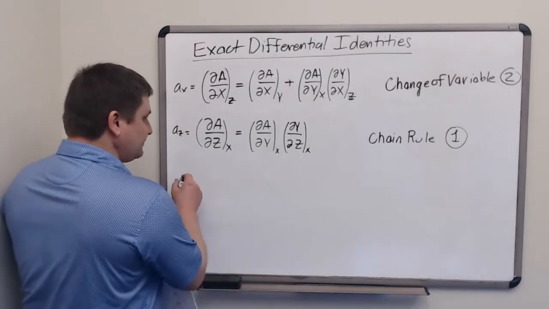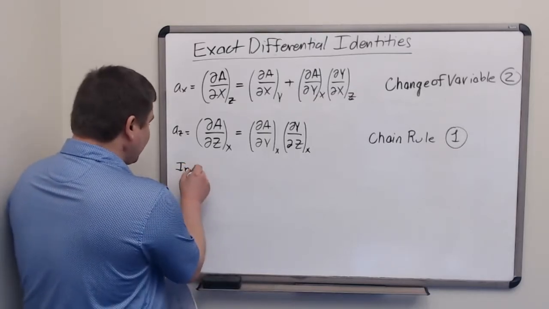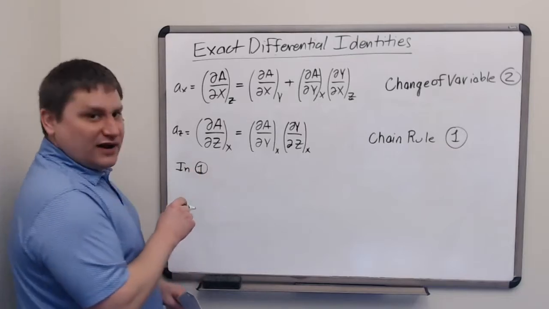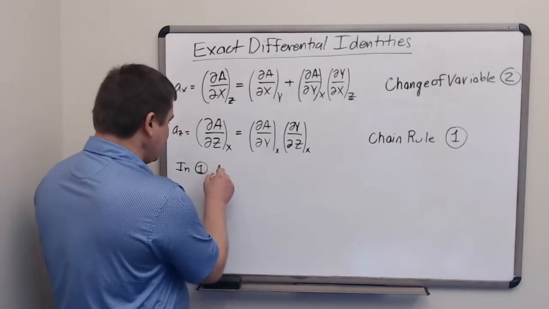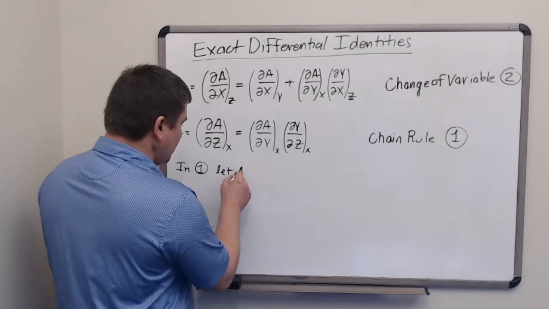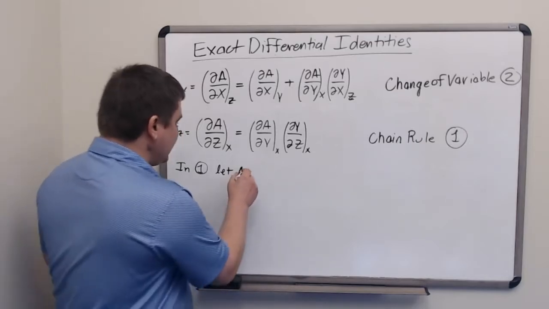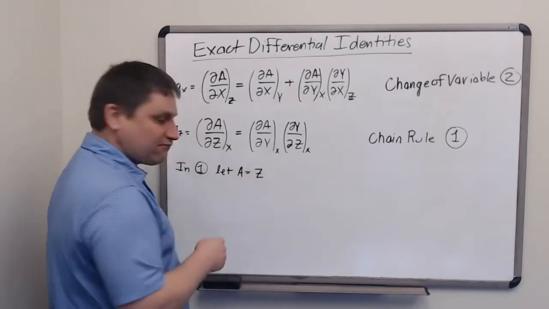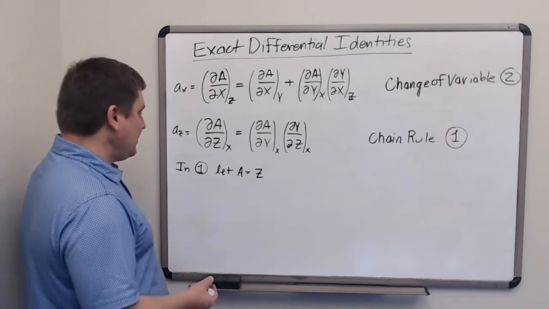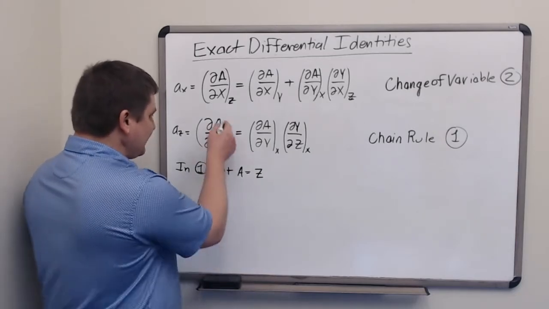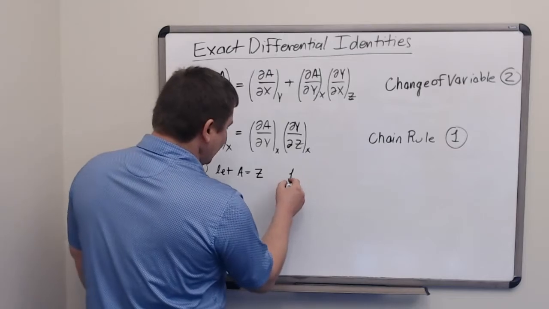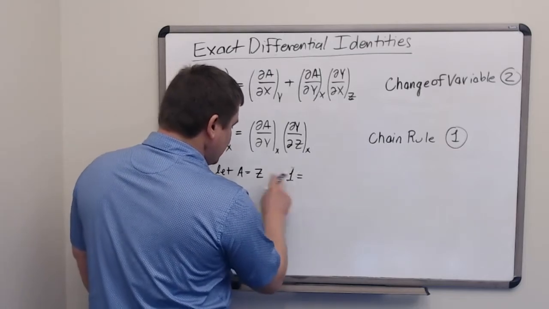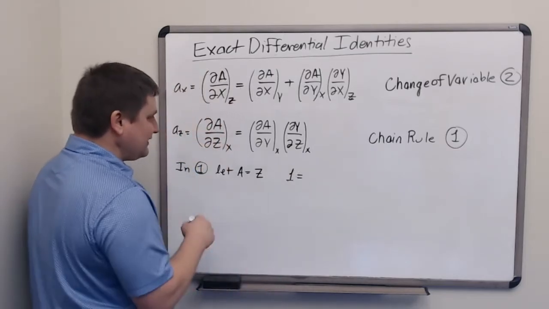The first one that I'll write out is in equation 1, let's let a equal z. Still should be valid. So if we have a equal to z, then this derivative here on the left is equal to 1, no matter what we held constant.